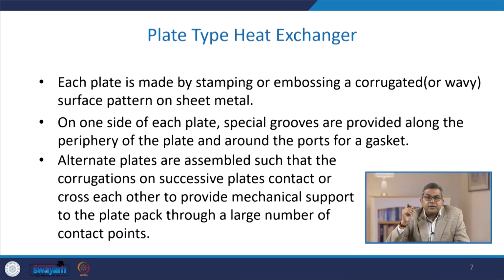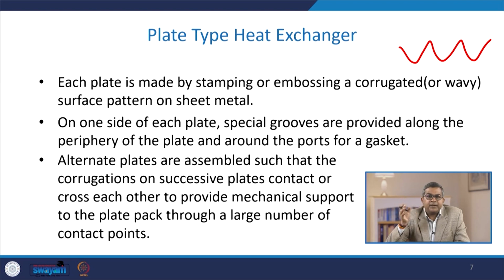Now each plate is made by stamping or embossing a corrugated or wavy surface pattern, just like this, on sheet metal. On one side of each plate, special grooves are provided along the periphery of the plate and around the port for the gasket.